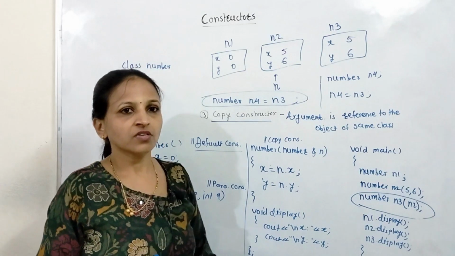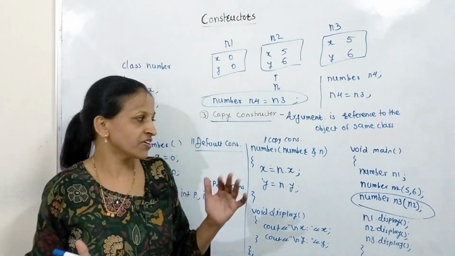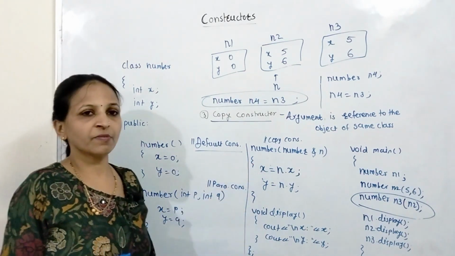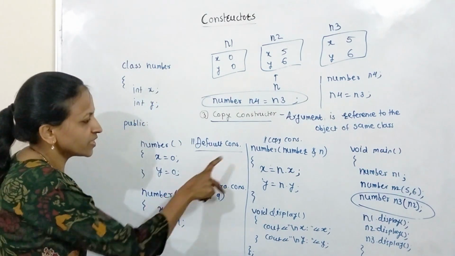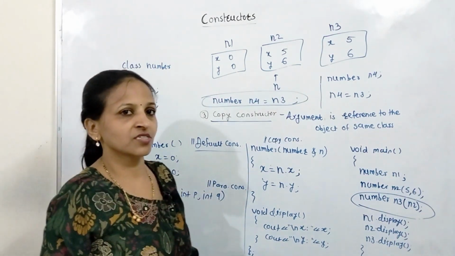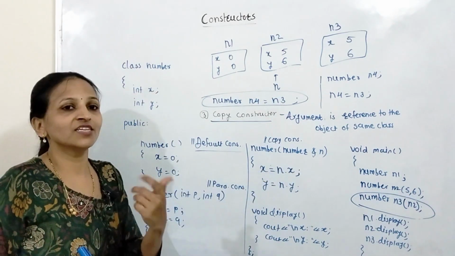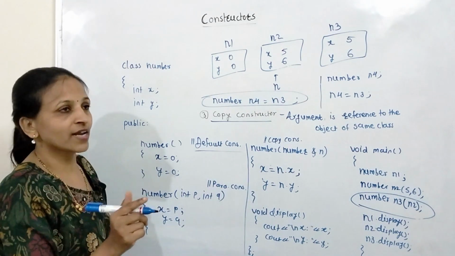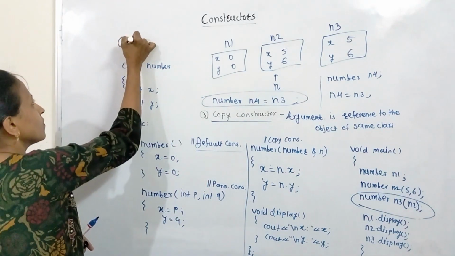We know the function overloading concept in C++, meaning multiple functions having the same name but different arguments. Here these are just like member functions. A constructor is again a member function. These three are member functions and all have the same name but all take different arguments. That's why this concept is called constructor overloading.